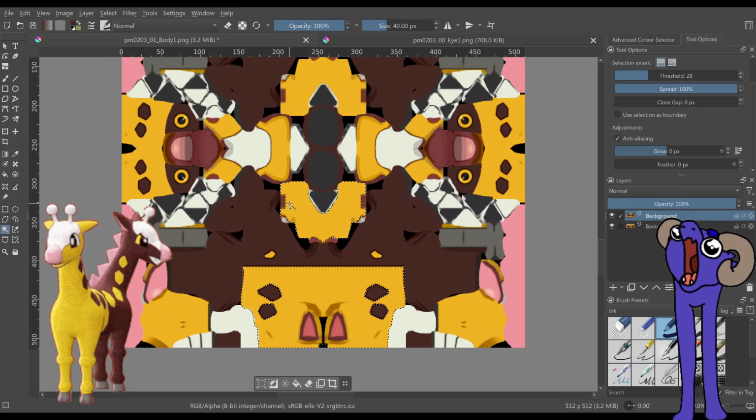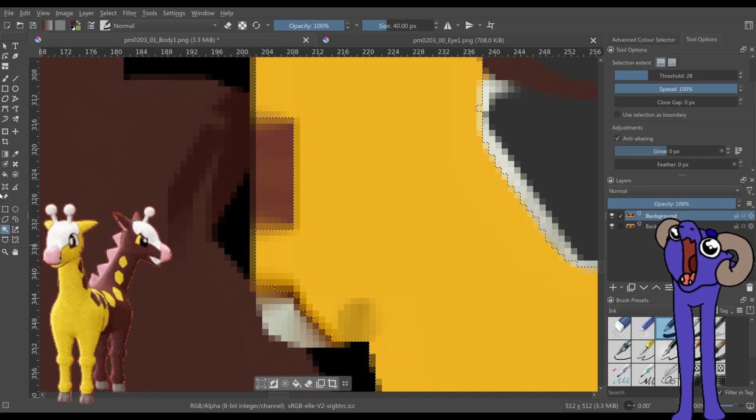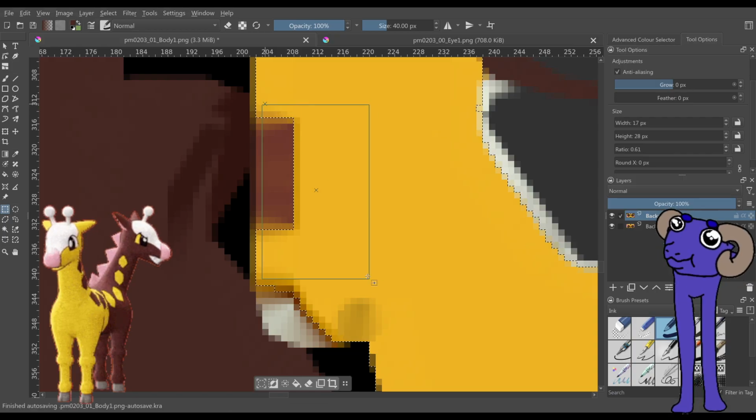Oh, now we copy this over. What part even is that? Something that doesn't matter. That section there isn't actually interactive with the UV at all, so we don't need to worry about this.